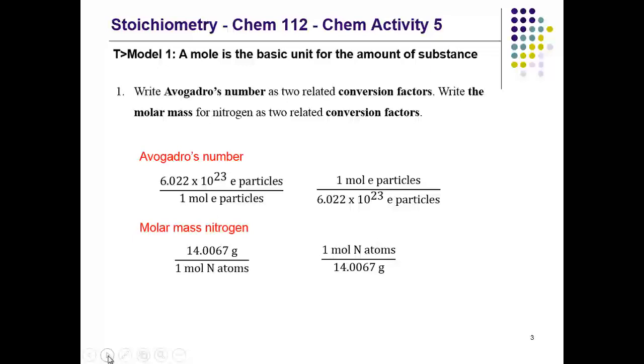So what we're going to do in the rest of the activity is make use of Avogadro's number as well as the molar mass to see how we can make interconversions between actual number of elementary particles and the amount of material, and the amount of material and the molar mass. So let's take a look at the teaching model number 2, which gets us started.